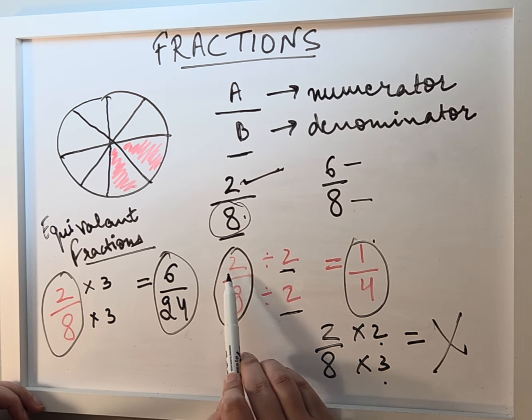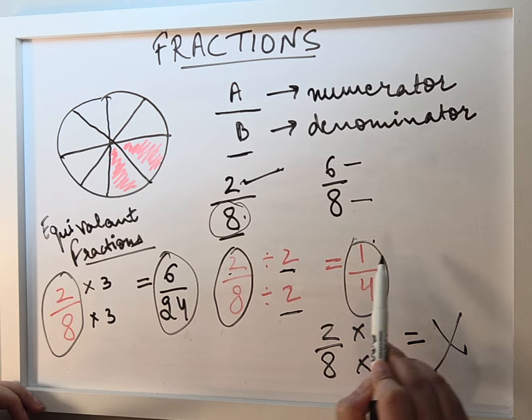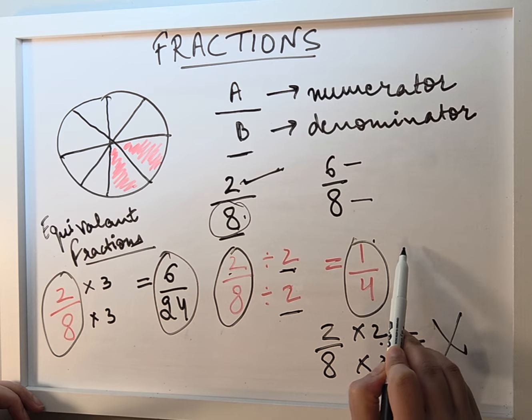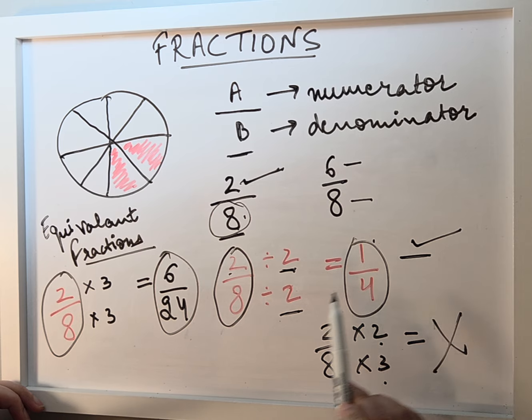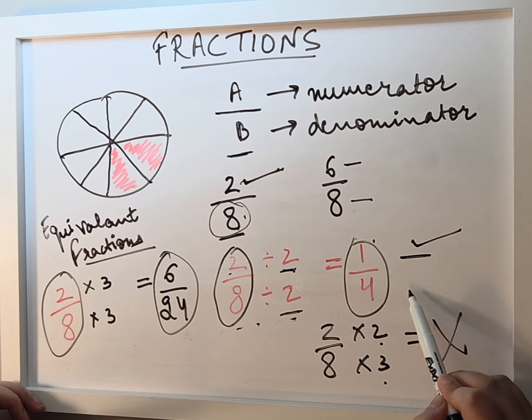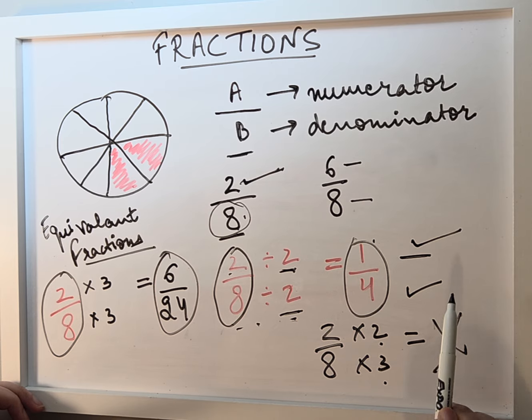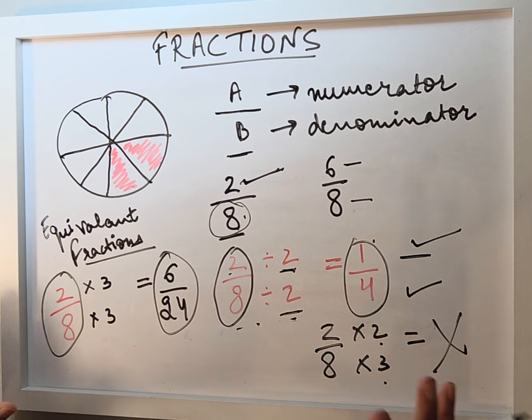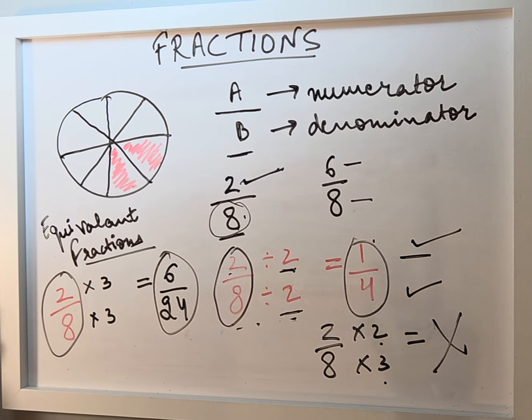So what does it mean? The numerator after multiplication or division will come as the numerator, and the denominator will remain as the denominator. Otherwise, we end up changing the fraction, so we end up changing the question or the problem, which will not be the same, and it will end up giving us incorrect answers.